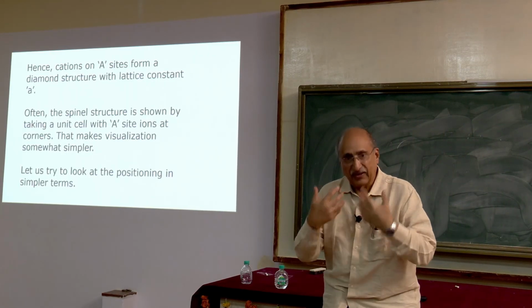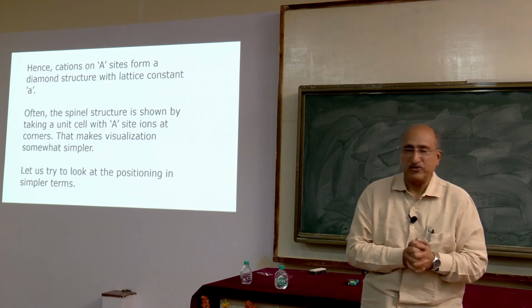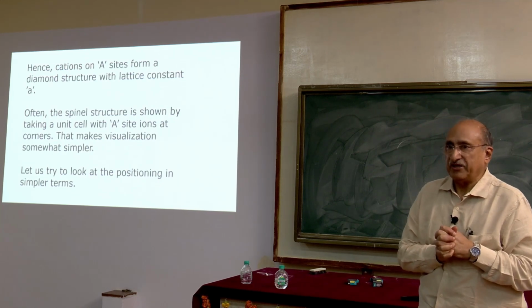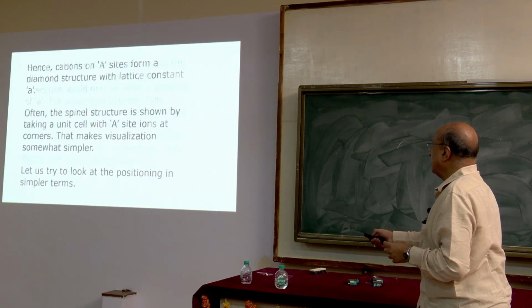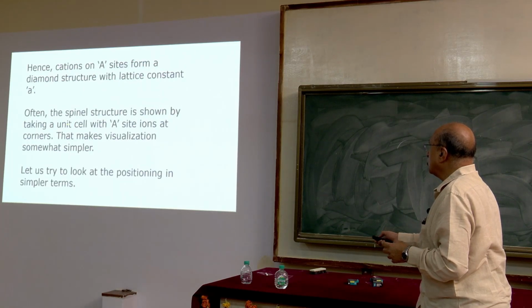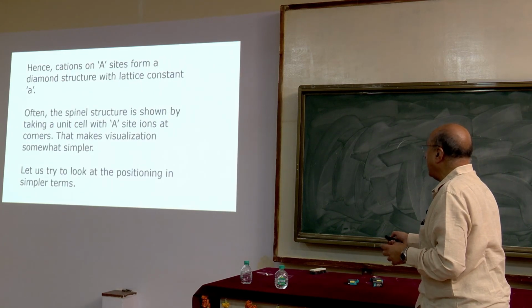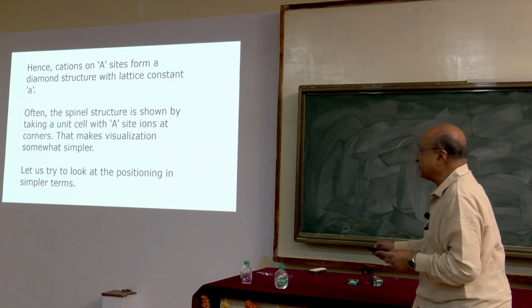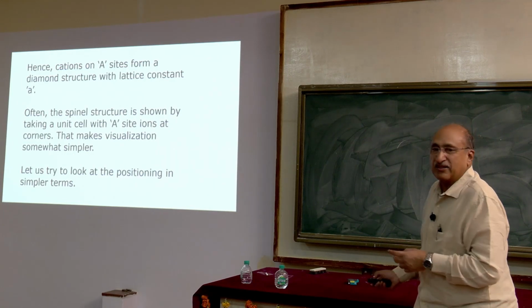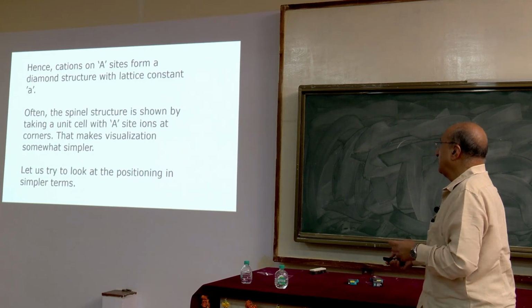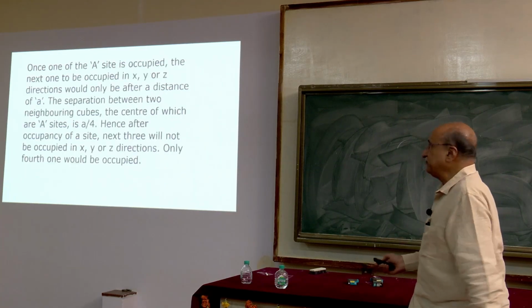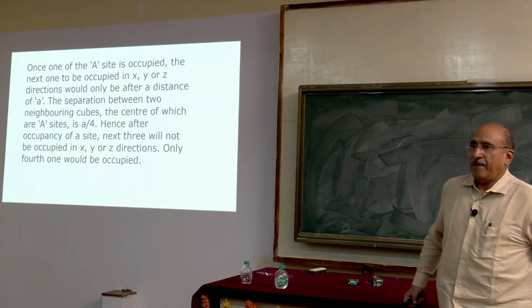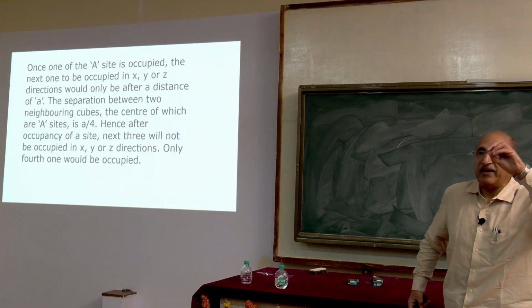So that's the way I am differing from most of the textbooks in this particular subject. Often the spinel structure is shown by taking a unit cell with A site ions. This makes it somewhat simpler. Let us look at the position terms. Now I am going my way. Let's take one particular arbitrary A site filled.